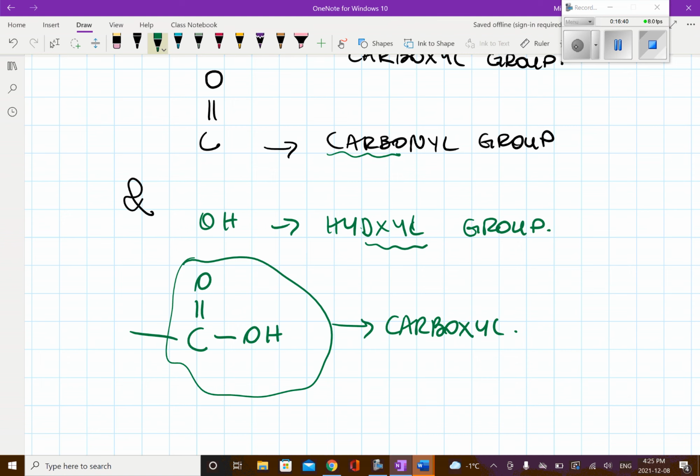Naming them, well, first of all, the carboxyl group will be at the very end of the structural diagram for organic acids.